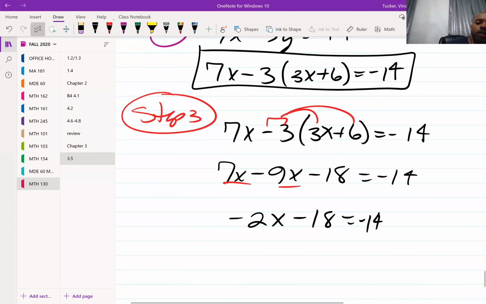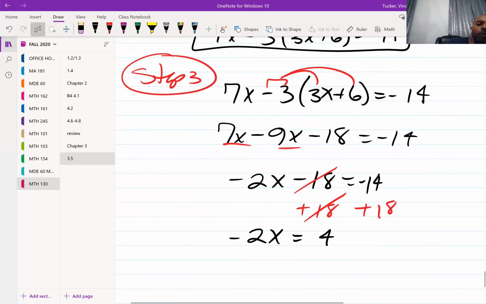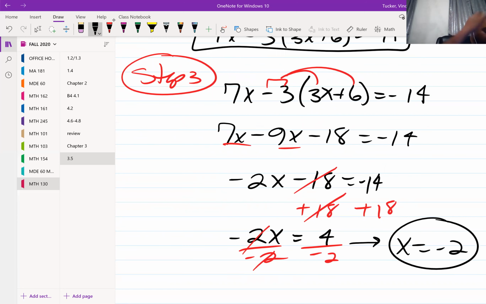So 7x minus 9x is negative 2x. Add 18 to both sides of your equation. That'll give you negative 2x is equal to 4. Divide by negative 2. X is equal to negative 2.